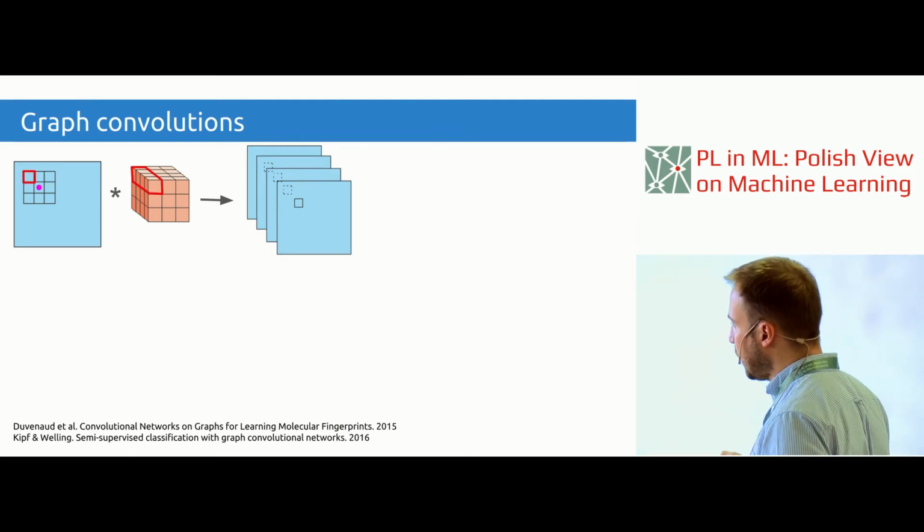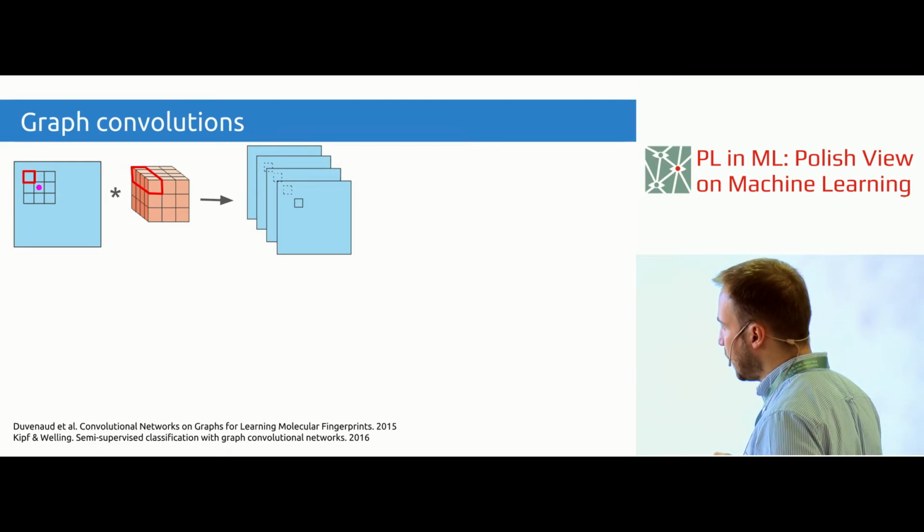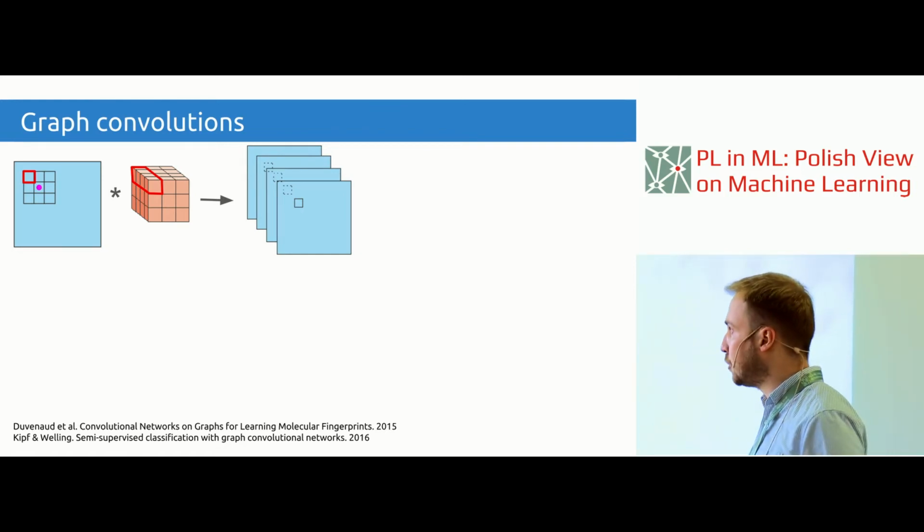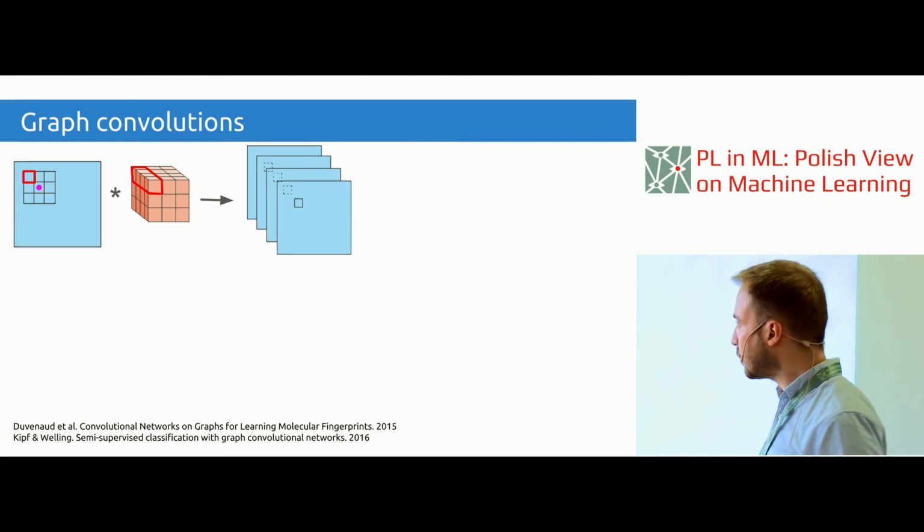So you can think about it this way: you have a pixel here, and you have a set of weights that is actually associated with this pixel. So during the convolution, these weights will be multiplied by the value of this pixel.